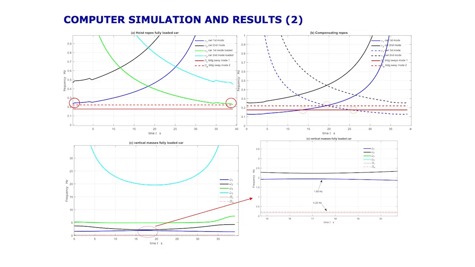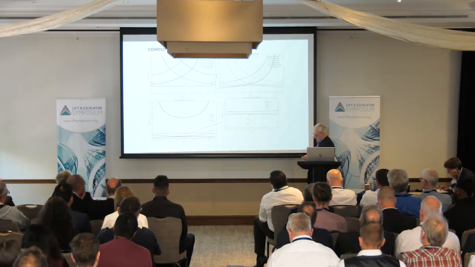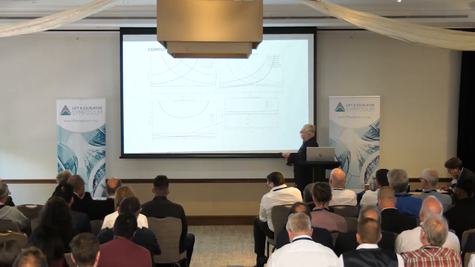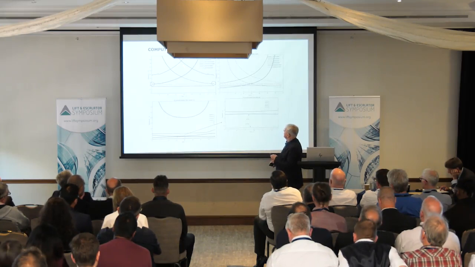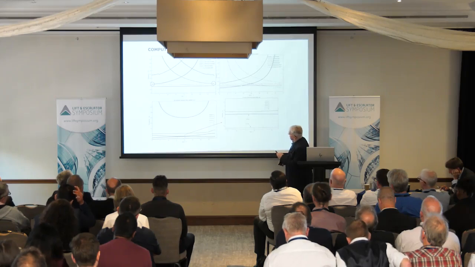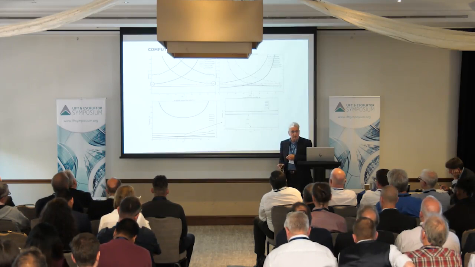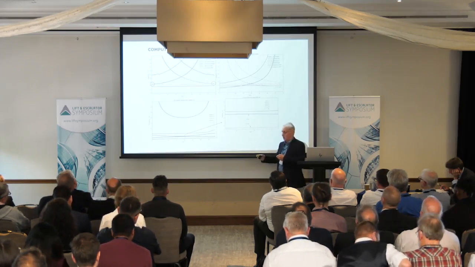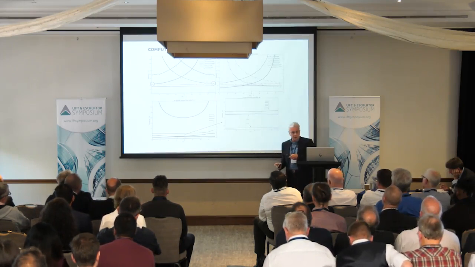And that's what is shown in this picture. The first picture shows the frequencies of the ropes, the hoist ropes at the counterweight side and at the car side. They change during the motion.